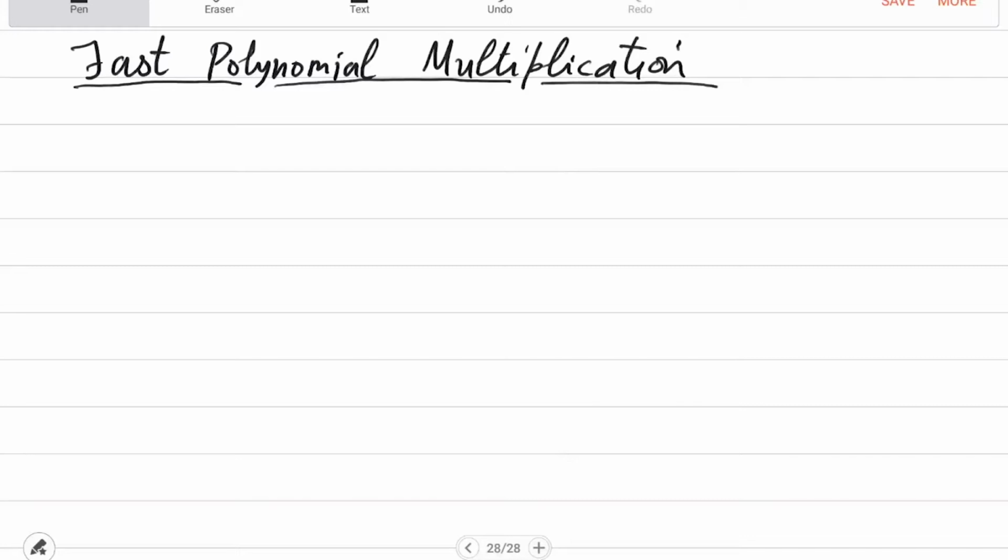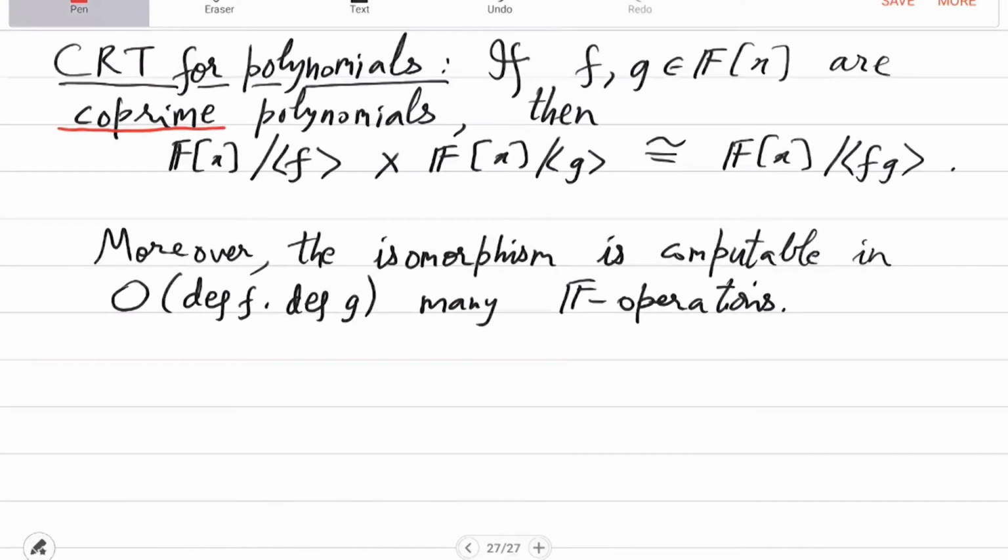Oh, I wanted to make another remark before. Why is the Chinese remaindering theorem important in our study? One thing is that the motivating case will always be when you take f and g to be irreducible. So you want to do arithmetic modulo f times g, which is clearly a reducible modulus, and you may not be able to study much mod fg. But when you go mod f, since f is irreducible, this factor ring is a field. So you reduce the question on rings to two fields.